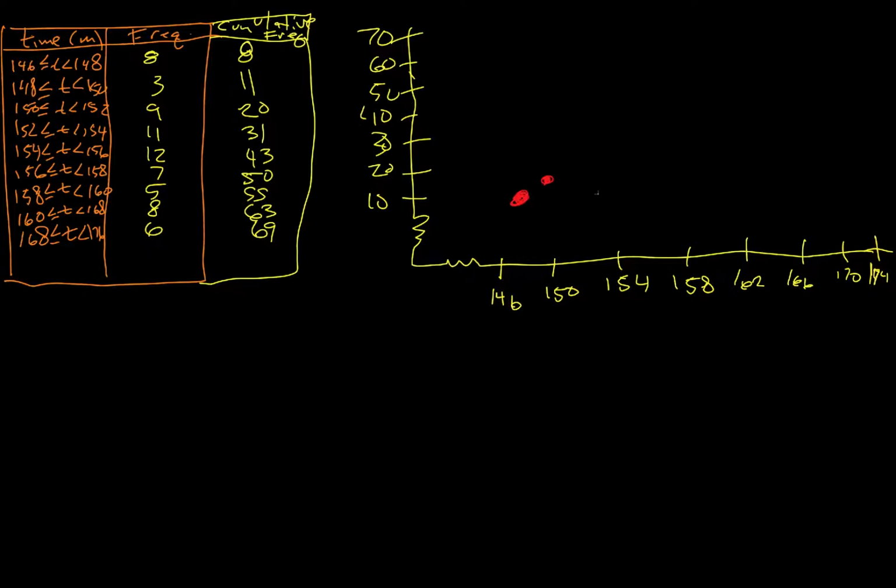And then in between this time interval there's about 20. So we'll do that. Then there's 31 when we get to this one. And then there's 43 when we get to this one. So maybe right there. And then there's 50 when we get to this one.